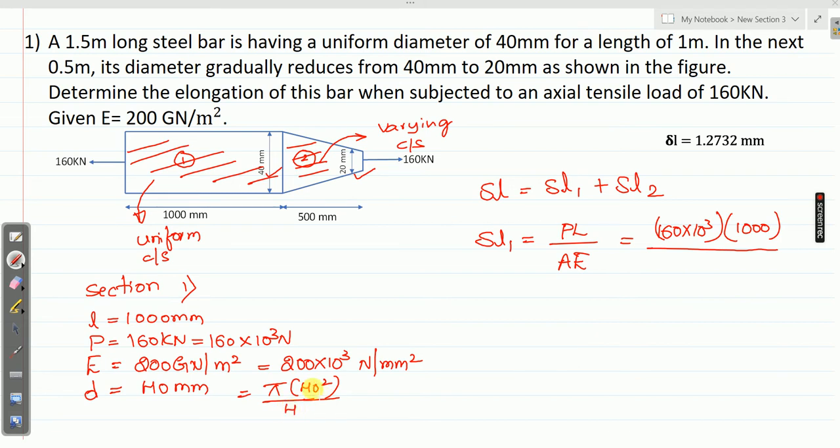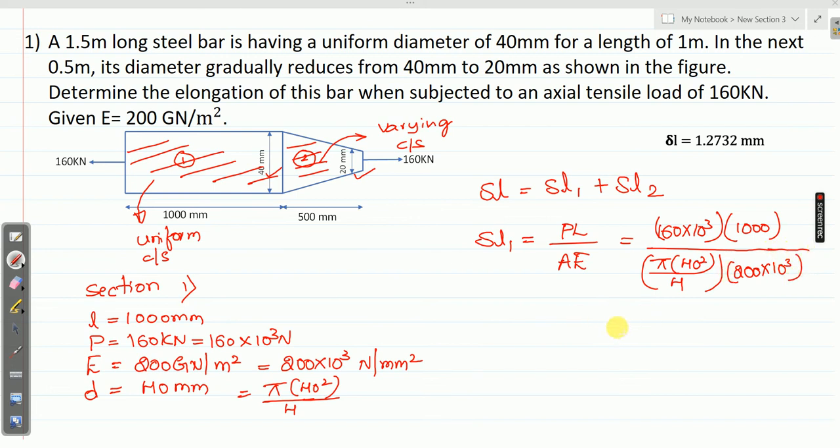Young's modulus is 200 into 10 raised to 3.